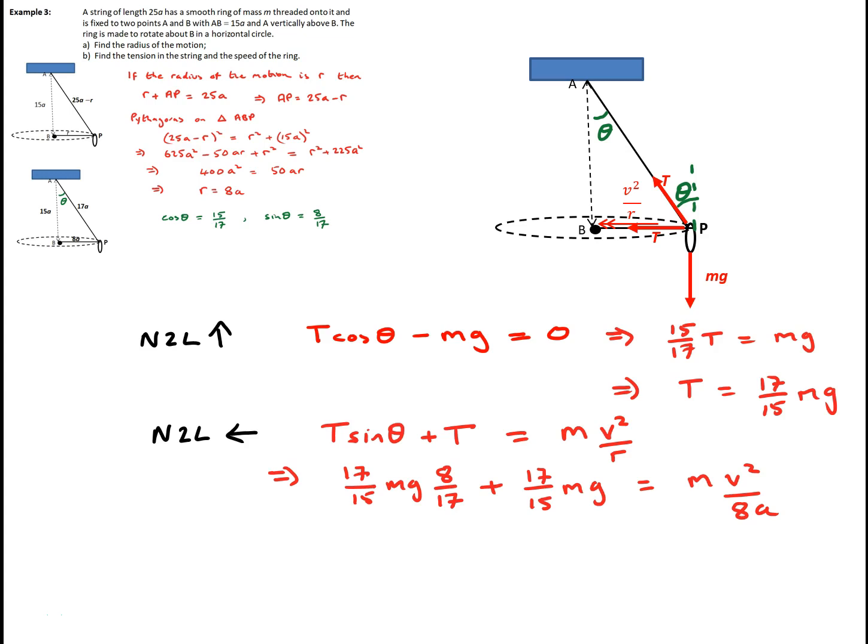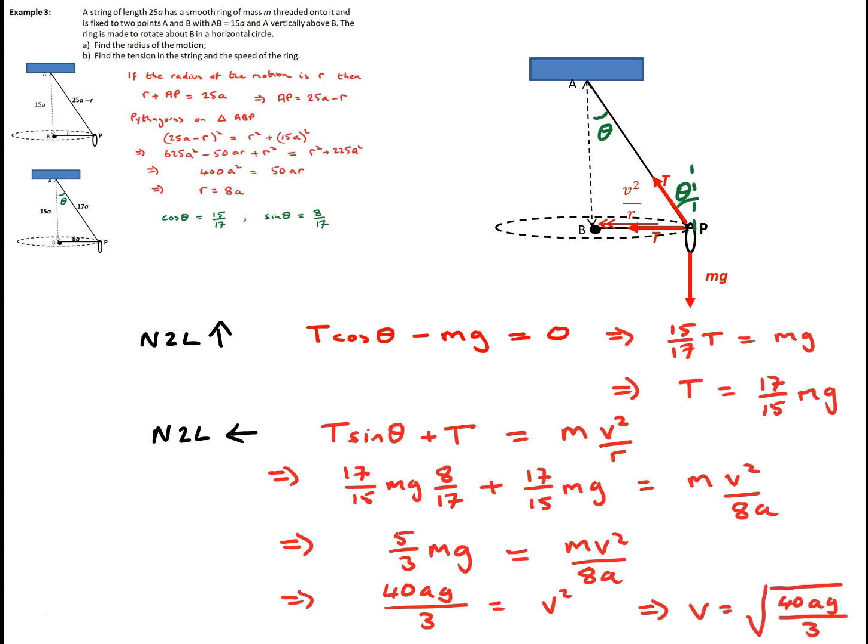This simplifies to 5/3 mg equals mv squared over 8a. So the m's cancel, and we get v squared equals 40ag divided by 3. In other words, the speed of the ring is going to be the square root of 40ag divided by 3.